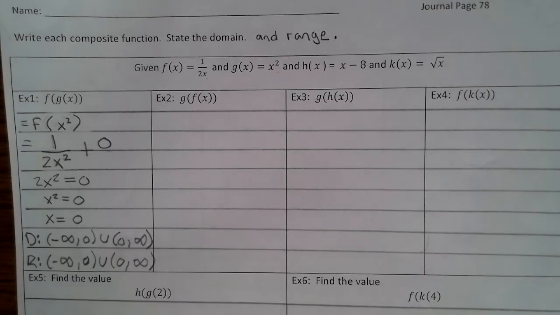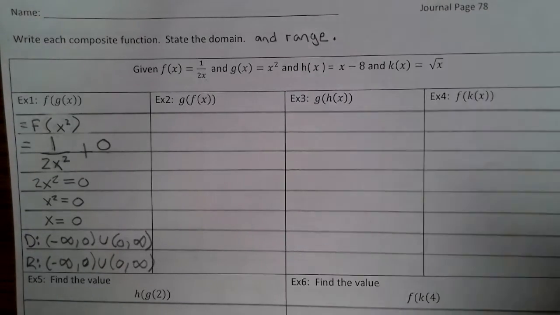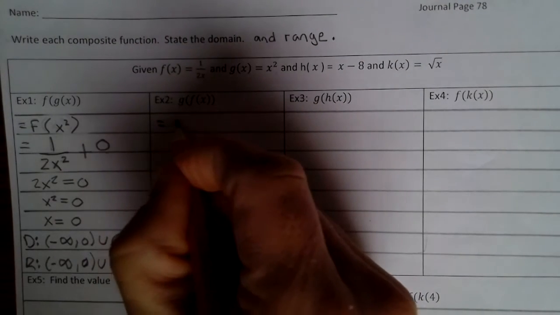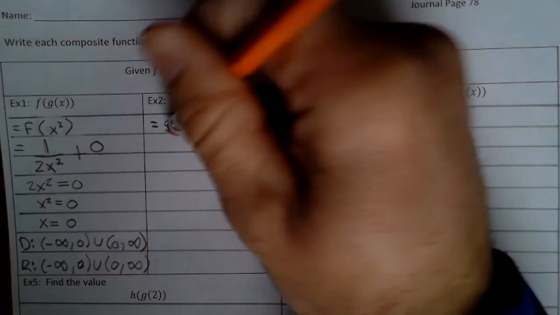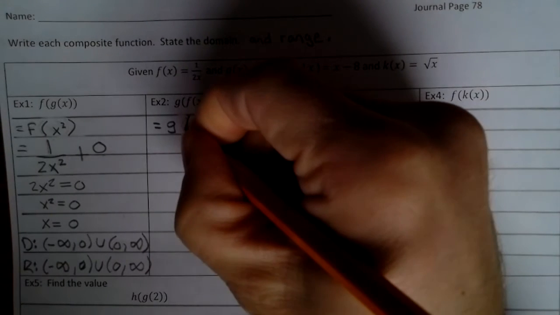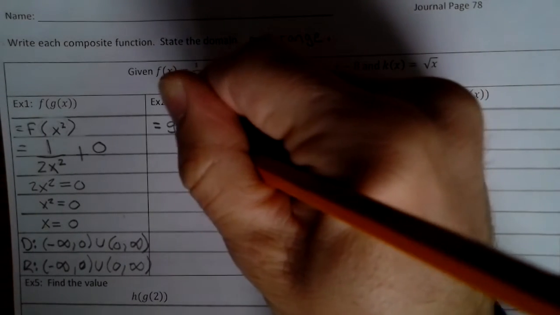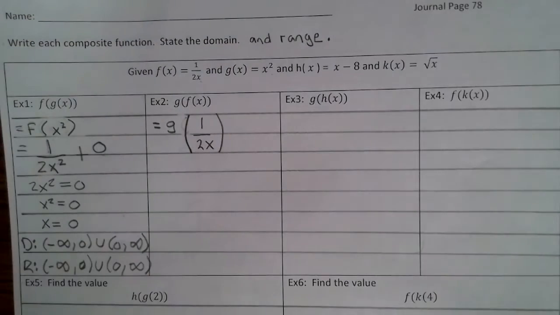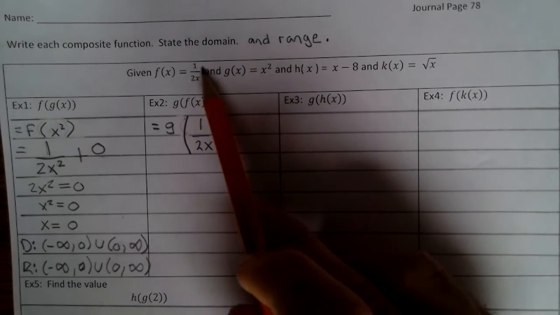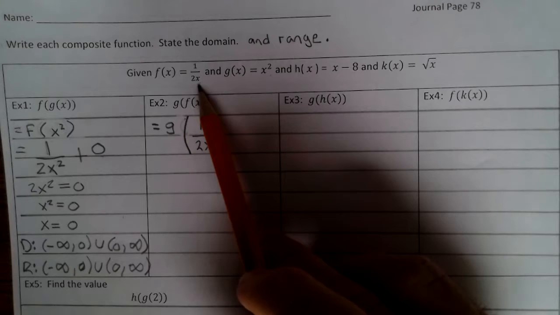So g of f of x. So that's g of f of x, which is 1 divided by 2x. So that means we're putting 1 divided by 2x in for x in g of x.